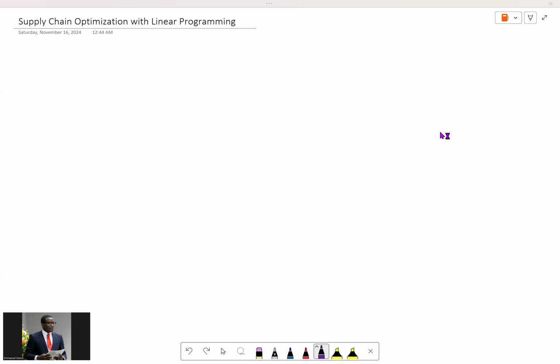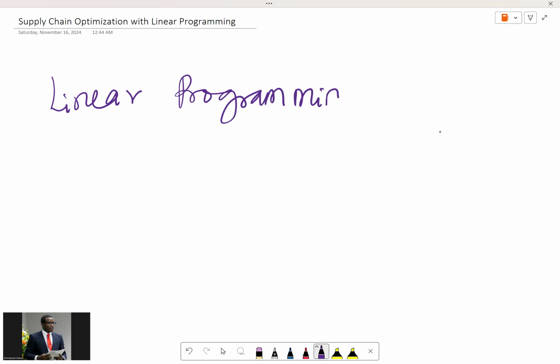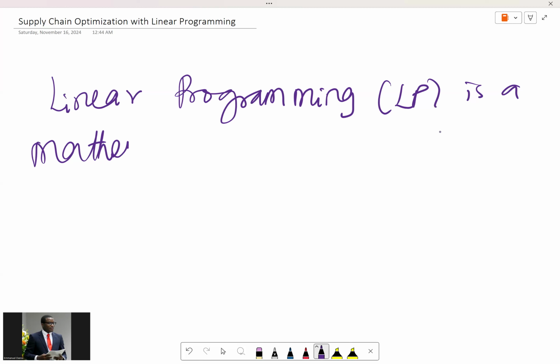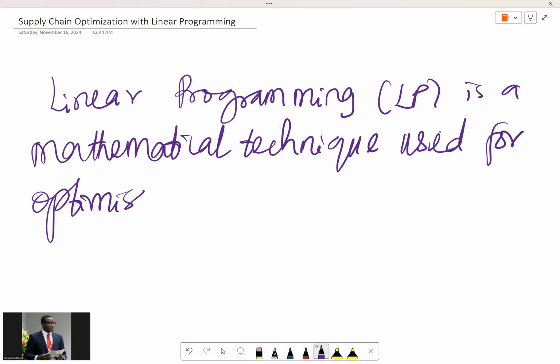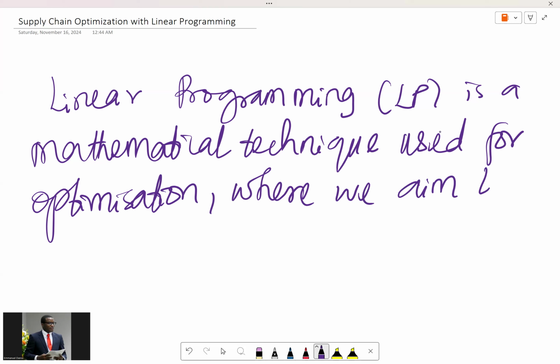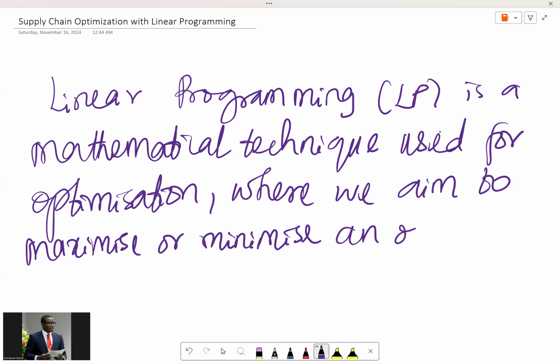So as a reminder, we know that linear programming, which is LP for short, is a mathematical technique used for optimization, where we aim to maximize or minimize an objective.